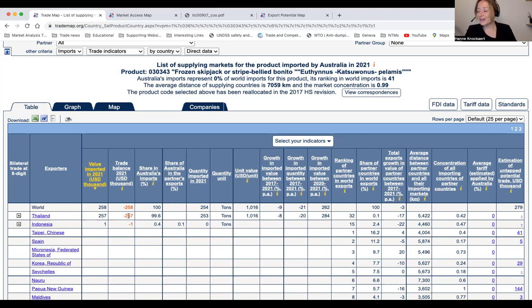So if this is a negative number for Australia, Australia is importing more than it is exporting of this product. That's why it's negative. This is showing you the share. So we can see that 99% is coming from Thailand, as I said.